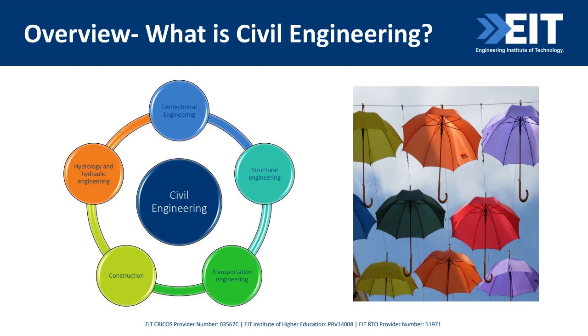Transportation engineering covers the design and maintenance of roads, bridges, and public transportation systems. Construction management, as I mentioned already, oversees the whole construction process. And on top of all this, there's structural engineering that focuses on the analysis, design, and prediction of the behavior of structures.